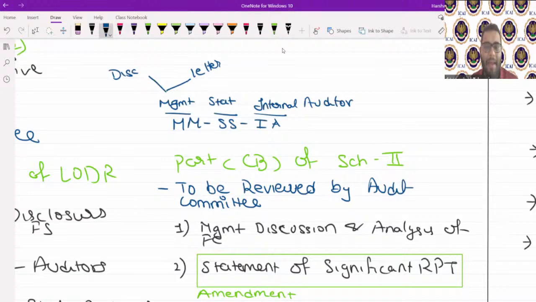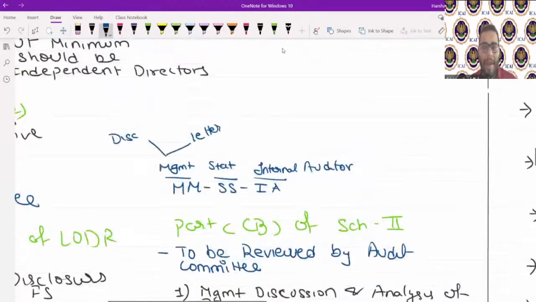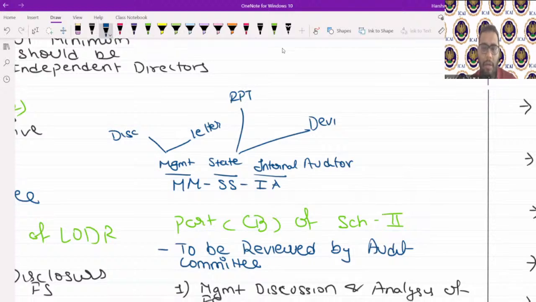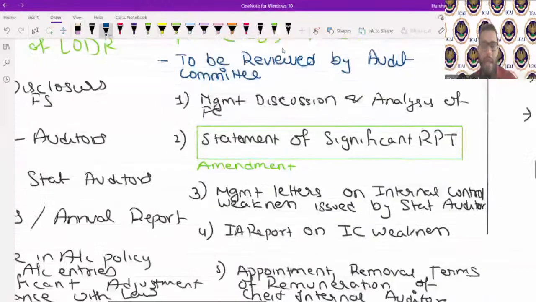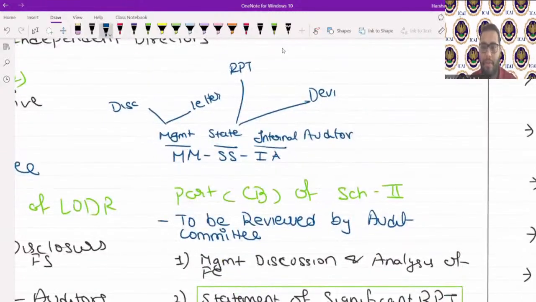When I say statements, there are two statements that you are required to see, RPT and deviations. And when I say internal auditor, you are required to see the internal auditor report and the terms and conditions of appointment, removal, remuneration.